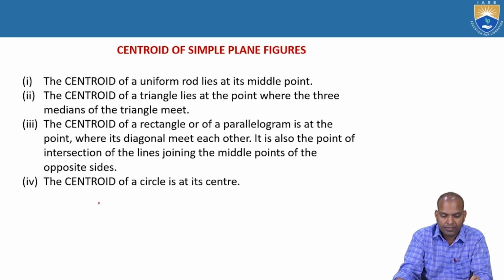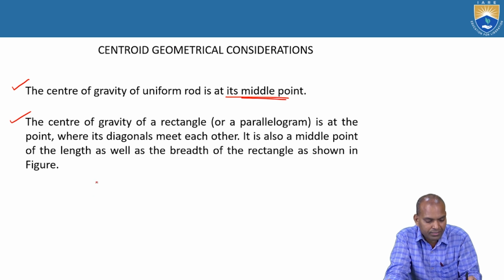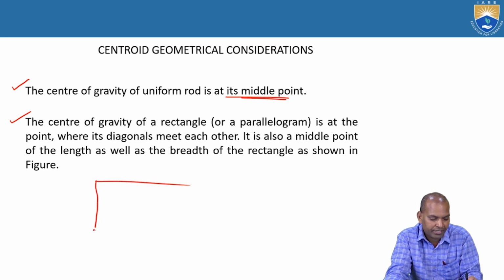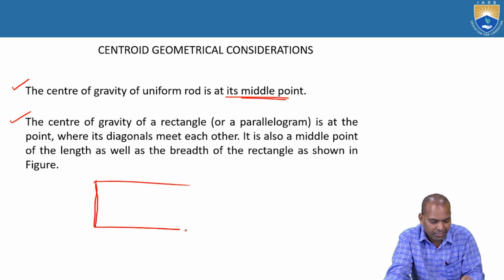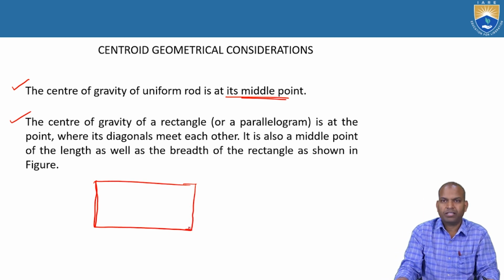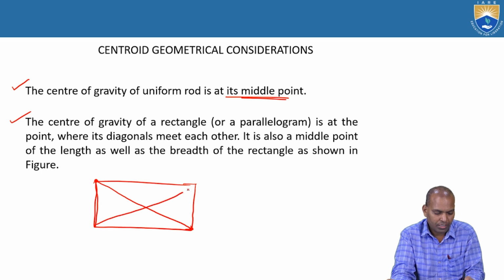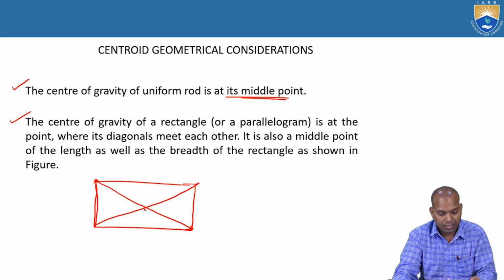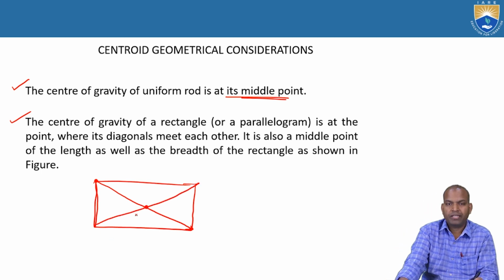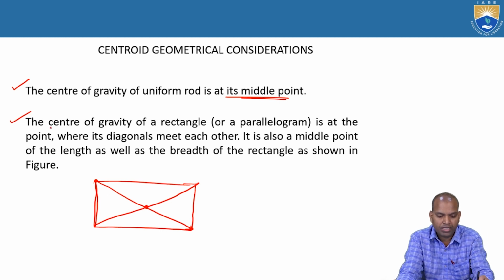Suppose you are considering a rectangle. If you join these diagonals, the diagonals meet at one point, and that point is known as the center of gravity.